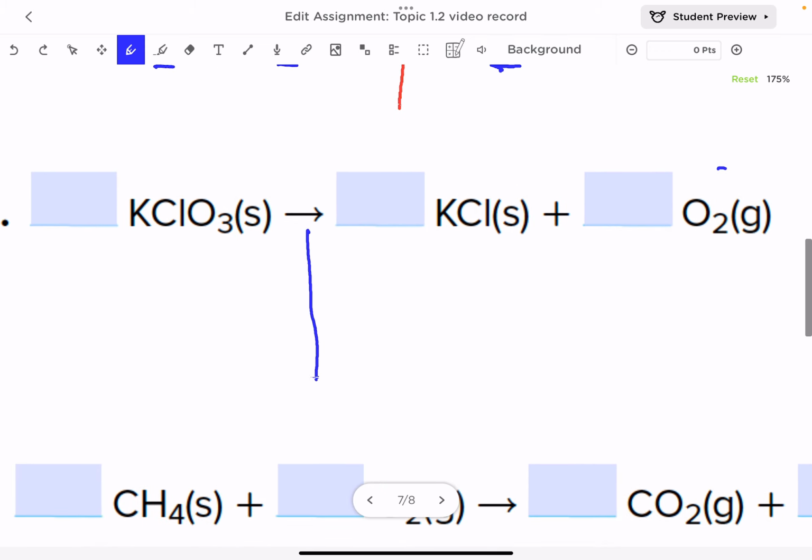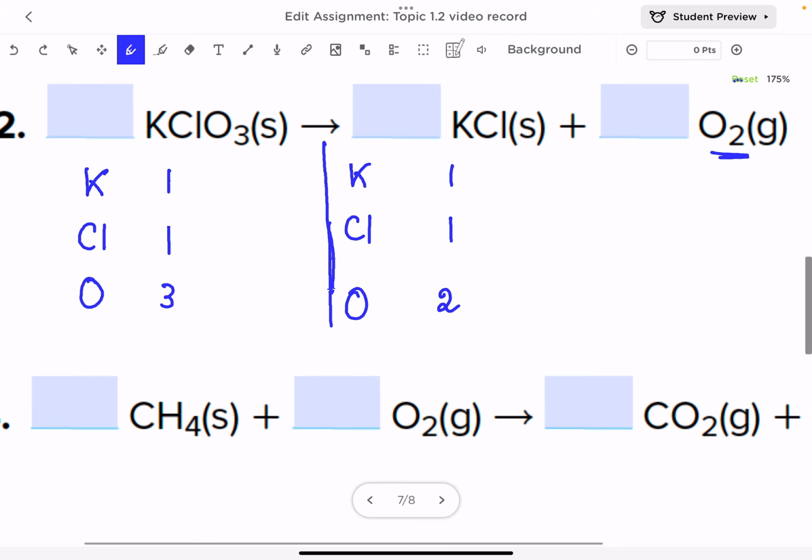Let's split the reactants and products and count the potassium, the chlorine, and the oxygen atoms on each side of the equation. On the reactant side, I have 1 potassium, 1 chlorine, and 3 oxygen. Whereas here we have 1 potassium, 1 chlorine, and 2 oxygen.